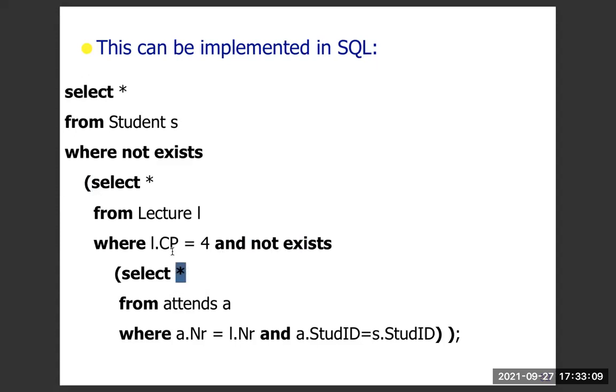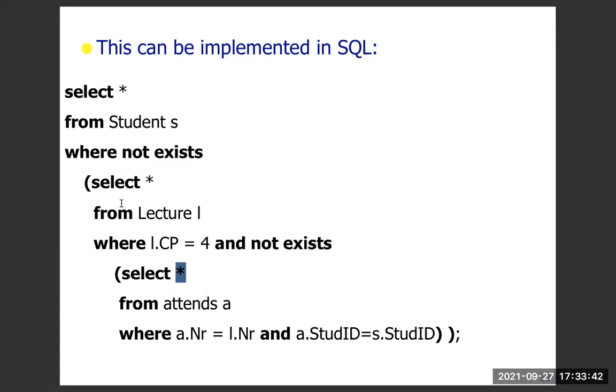So if a student didn't attend this lecture, then the select of star is empty and not exists is true. And let's say that lecture has points of 4, then this selection is not empty. So the lecture is in the output if this lecture is not attended by the student.